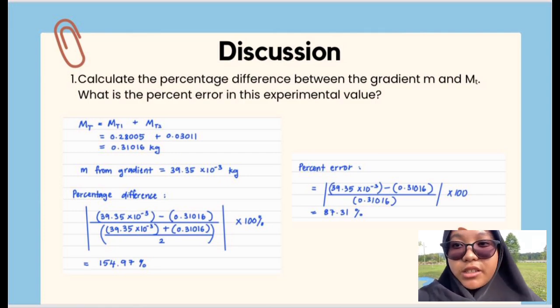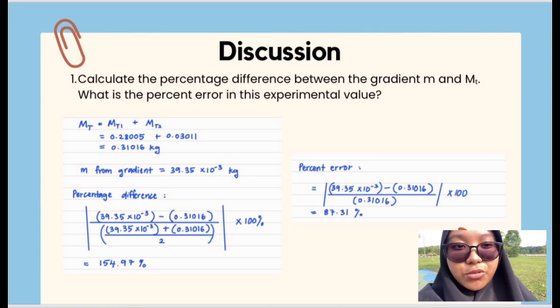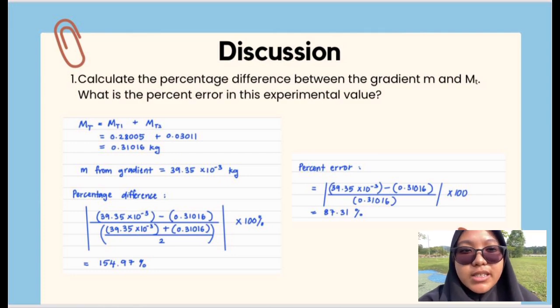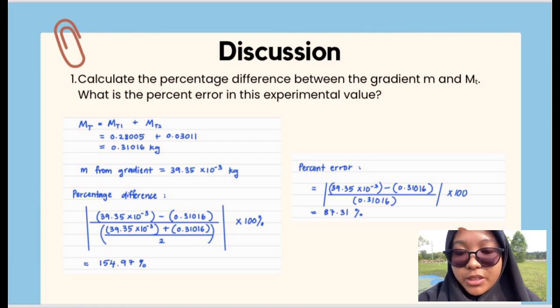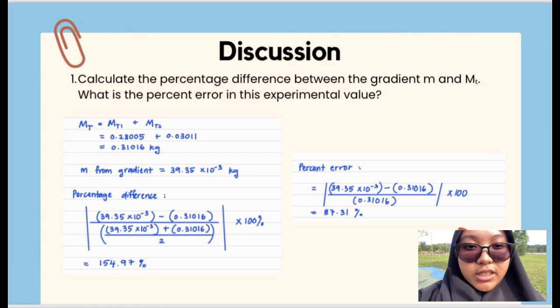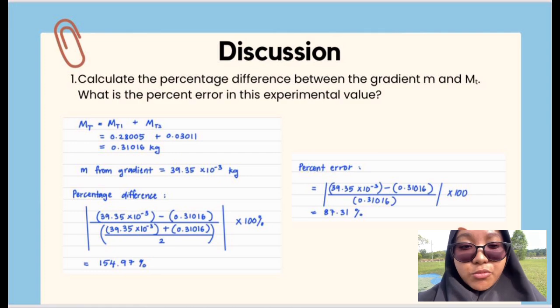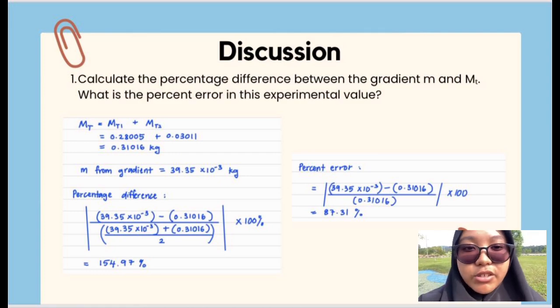So mt1 is equal to 0.28005 plus 0.03011 for mt2, and we got the mass as 0.31016 kilogram.